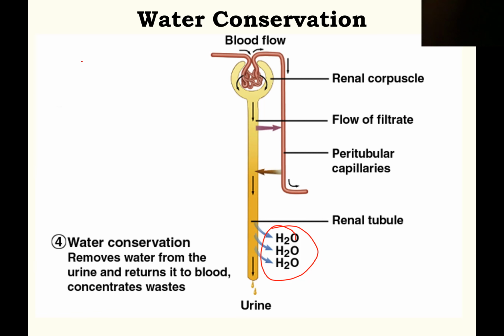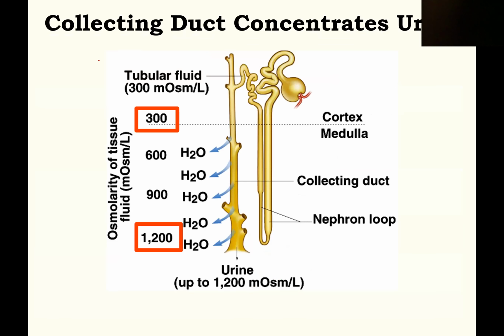Now, this is part of what we call the countercurrent multiplier, and that's what we see here. The material is going to move this way down the renal tubule, and it's going to become more concentrated.